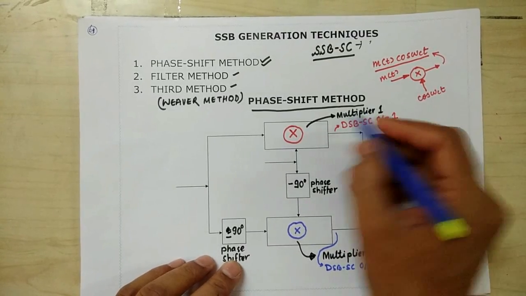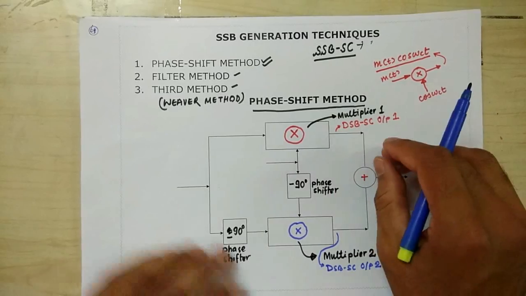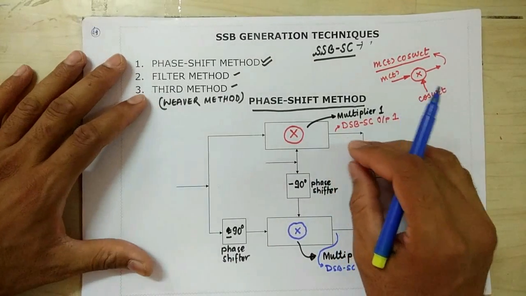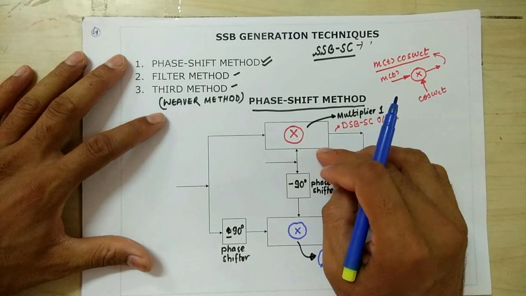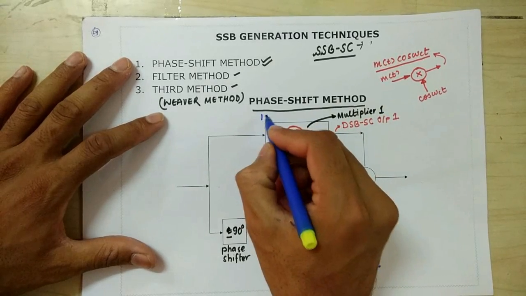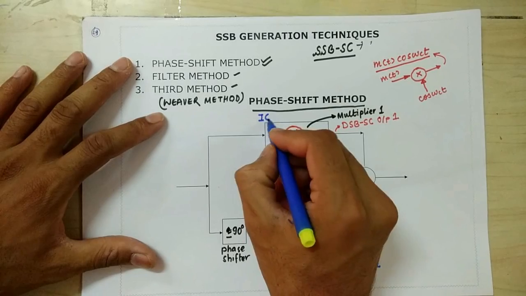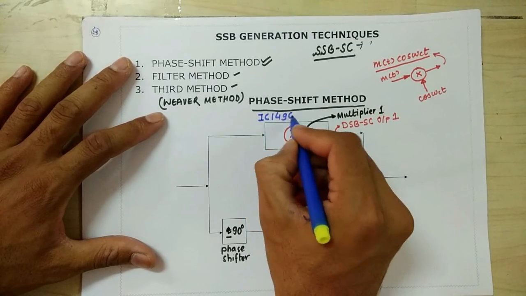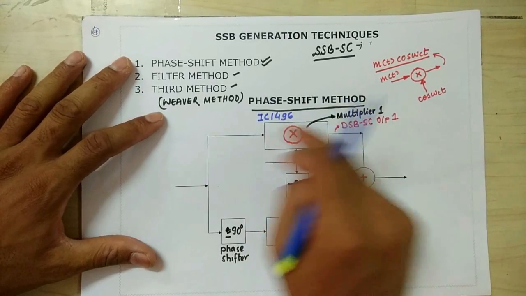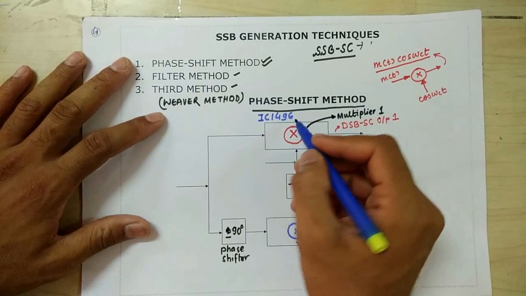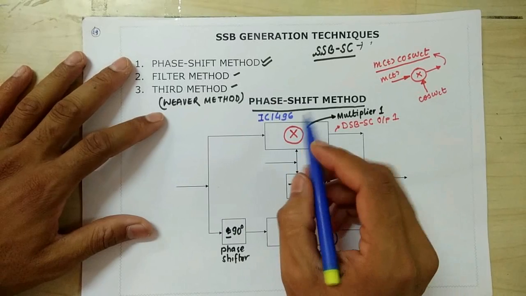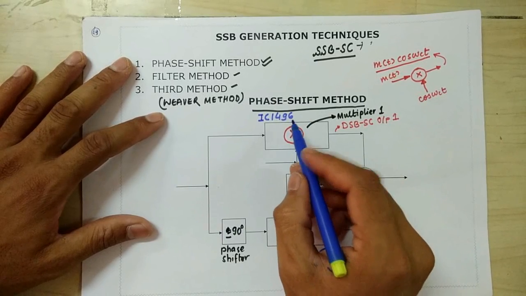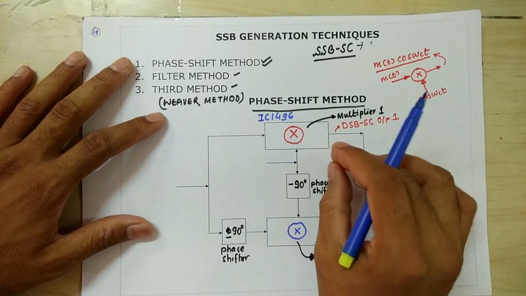So this multiplier is nothing but the DSB-SC modulator that we have performed in the experiment to generate the DSB-SC signal, where we have used a product modulator, IC number 1496.